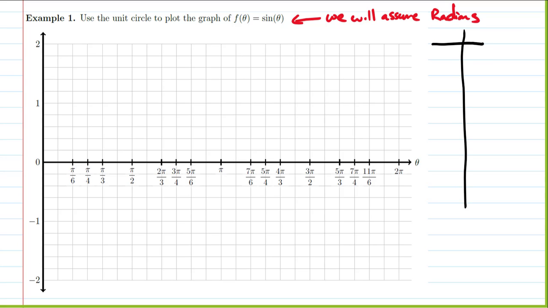I'm going to go ahead and use some of the values that we have already, things like 0, pi over 6, pi over 4, pi over 3, pi over 2, 2 pi over 3, 3 pi over 4, and 5 pi over 6, and then we get to pi.